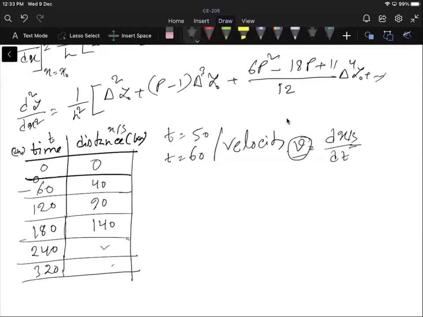If you have the time versus distance data, you take the first derivative. Actually the data should be represented in the reverse order, that means distance versus time, so that you can find dx by dt.